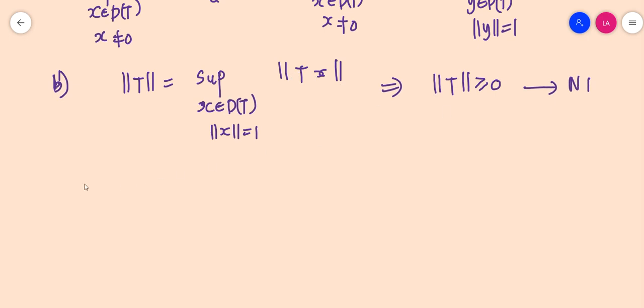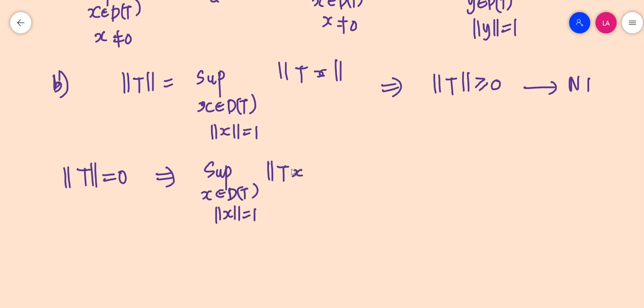Now the second property: norm T equal to 0 implies the supremum over x an element of D(T), norm x equal to 1, of norm of T x is equal to 0. The supremum of this quantity is equal to 0, so each of these quantities should be equal to 0.